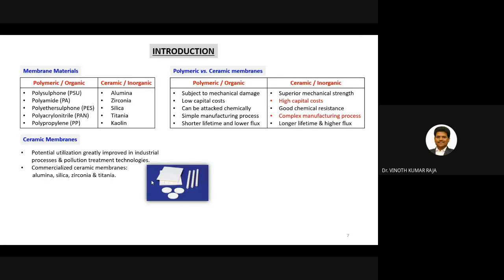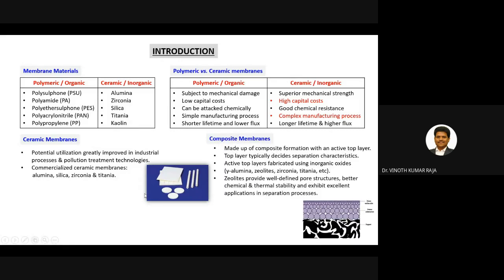These ceramic membranes can be applied, as I said, in extremely harsh environmental conditions due to these distinct advantages. Most of the commercially available ceramic membranes are made of alumina, zirconia, titania, and composite membranes. Generally, ceramic membranes are made of a composite formation with an active top layer.